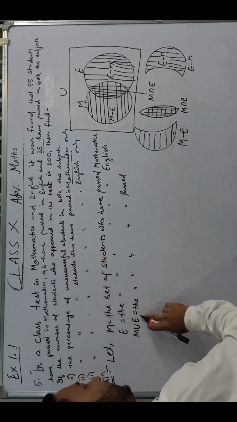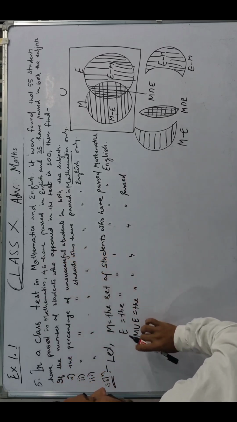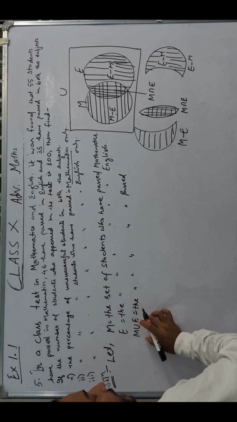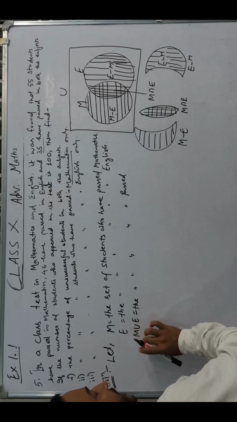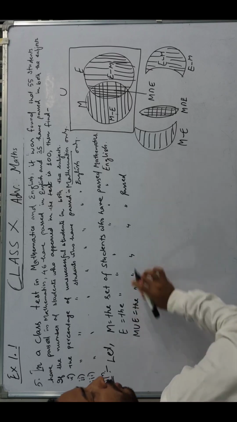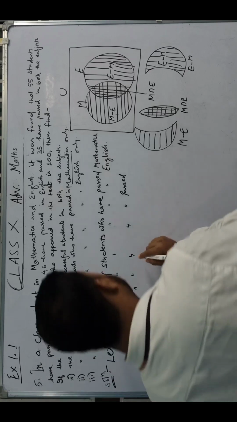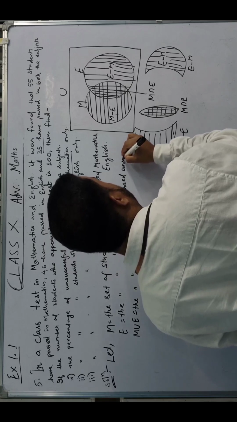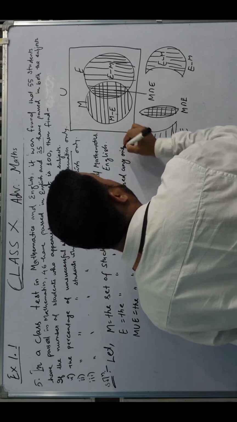You see, M union E means any student who is coming either in M or in E. Means the students have passed in any one of the two subjects, either M or E. It will be there in the set M union E. The set of students who have passed any one of the two subjects.